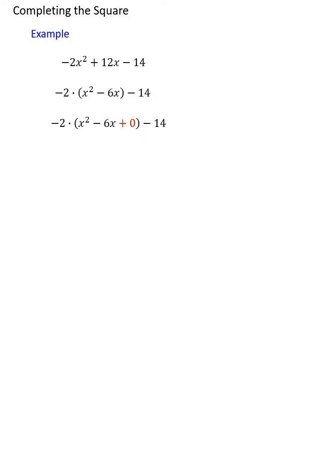So I will ignore everything outside the parentheses and use the same tricks we saw in the last two problems. First, I'll start by adding 0. Then I want to change that 0 into something like 7 minus 7, or 9 minus 9, or 13 minus 13, or whatever is suitable to this problem. And again, what determines suitability here is the linear coefficient.